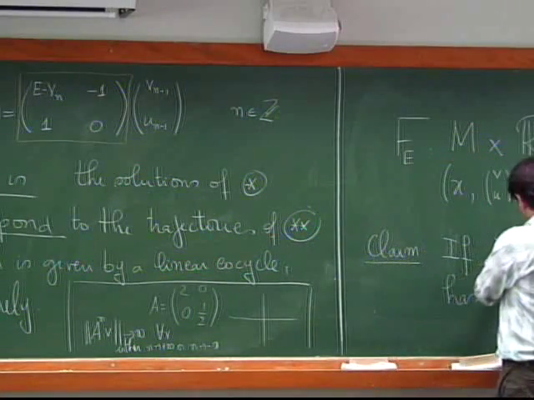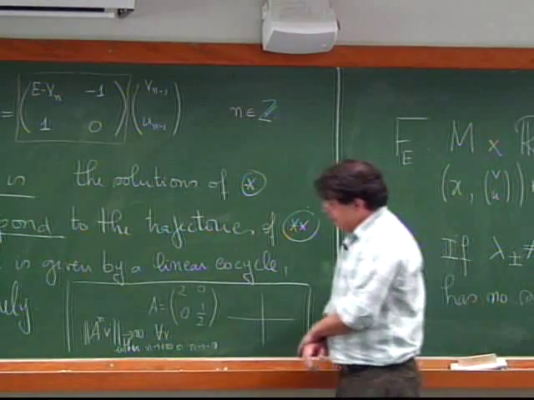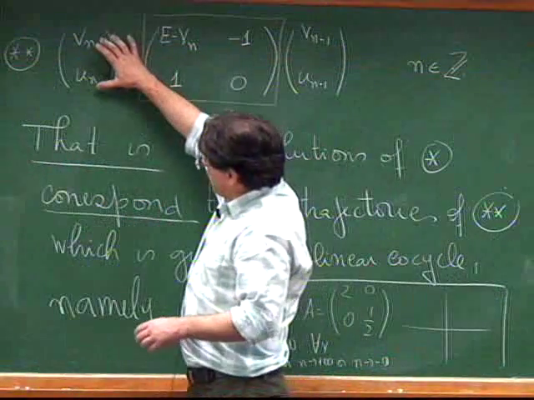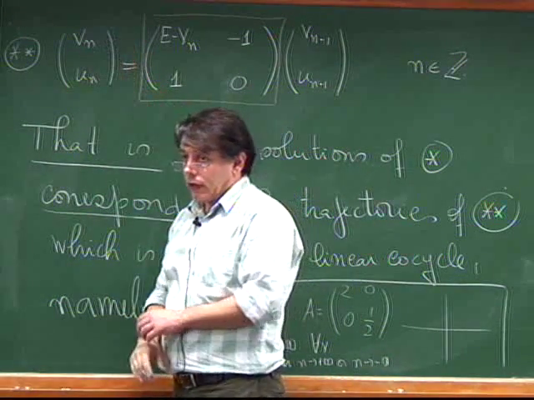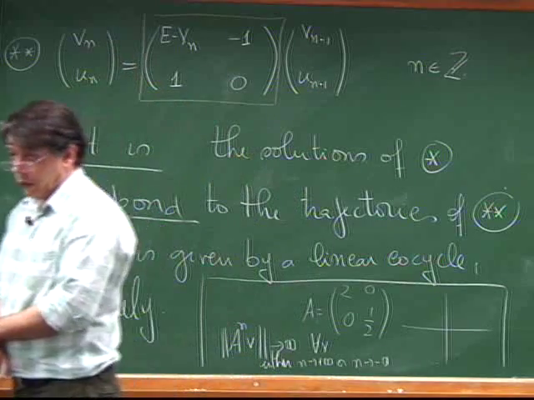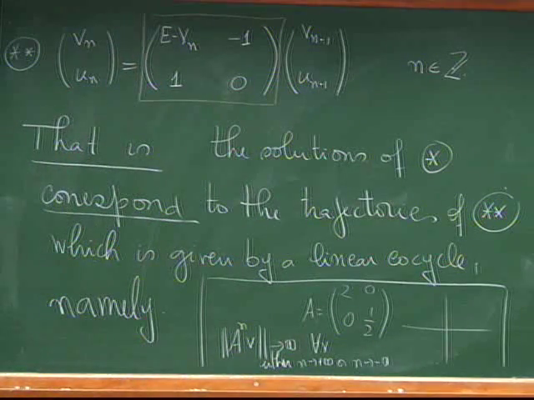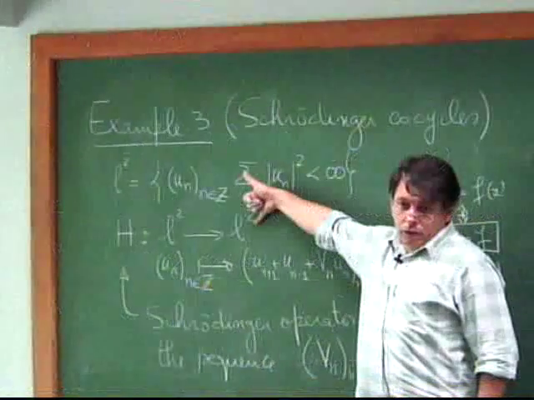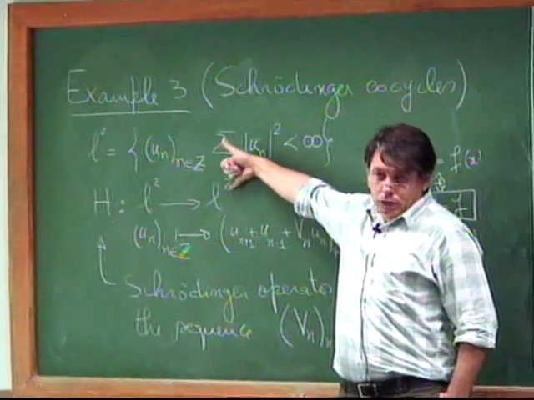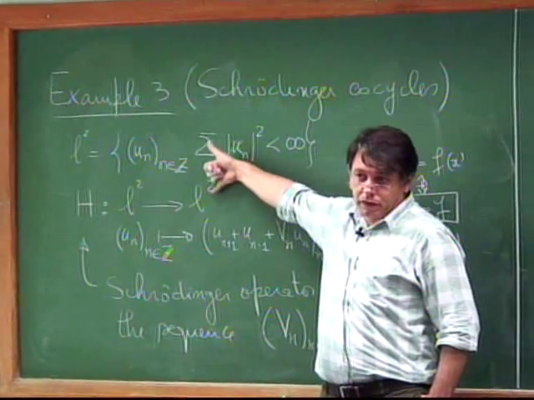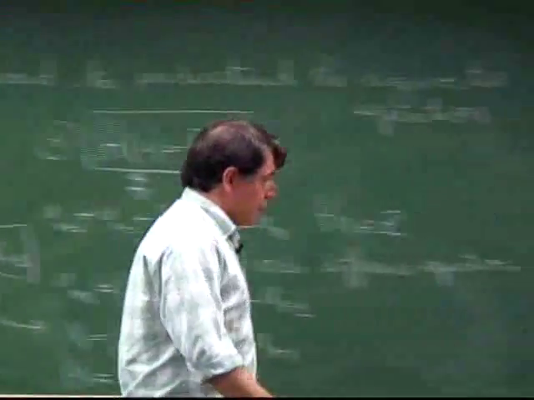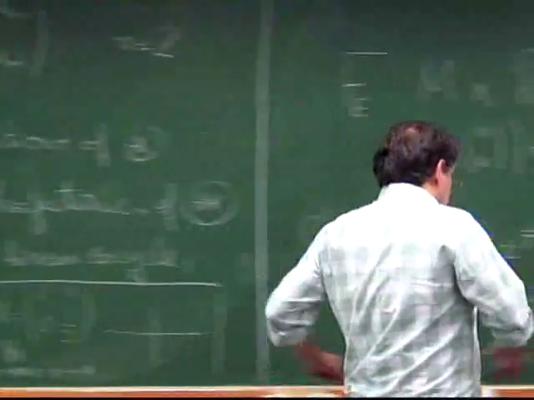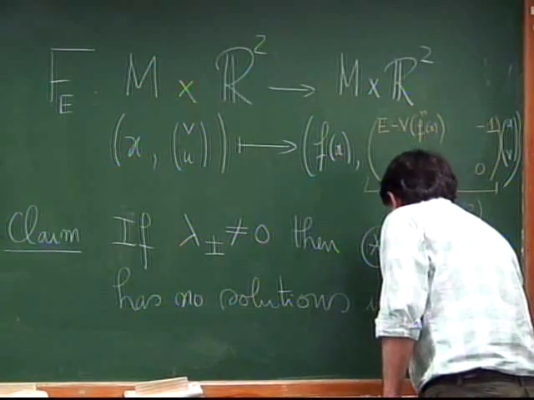So if you have lambda plus and lambda minus different from 0, something very similar happens here. All trajectories of this linear cocycle have to go to infinity in the future or in the past. But sequences in L2 don't go to infinity. Maybe, to be more precise, I should say it has no solutions in L2.